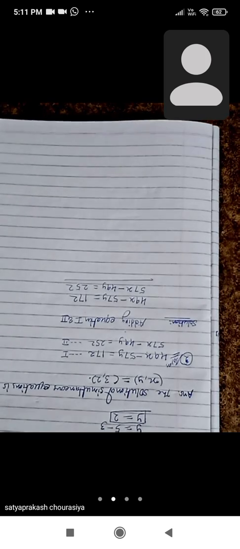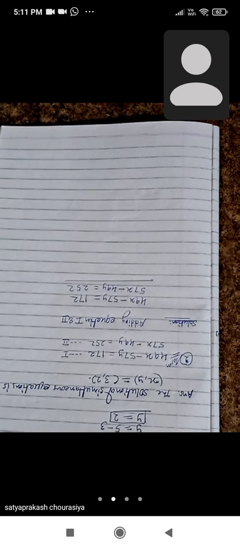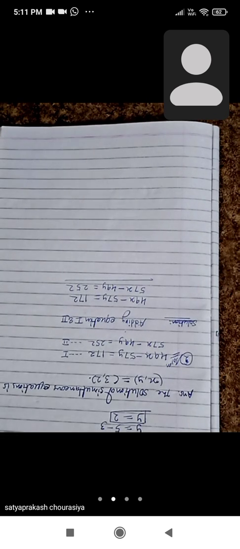Now we know that when we add the equations, the sign of any terms does not change. किसी भी terms का कोई भी sign change होता नहीं है. Okay, when we perform the function of addition.